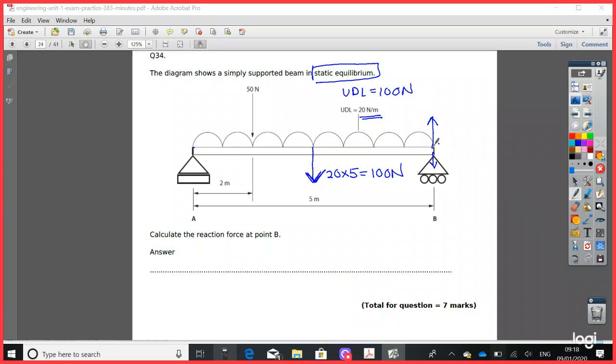So it will be equal and opposite. So the reaction force you're trying to calculate at point B will be pointing up. Okay, so to find this, we need to take moments.